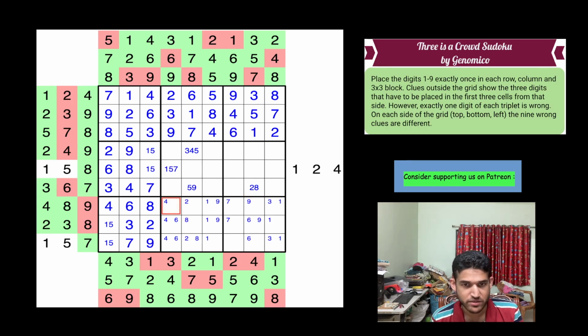Four cannot be here by Sudoku. So 4, 6 pair. That's really nice. And 8 in column 4 has to be in one of these two cells. Wow, this is a really tight solve.